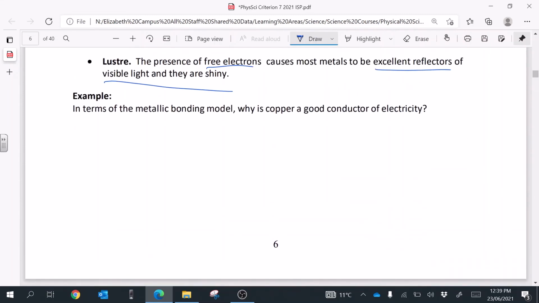In terms of the metallic bonding model, why is copper a good conductor of electricity?